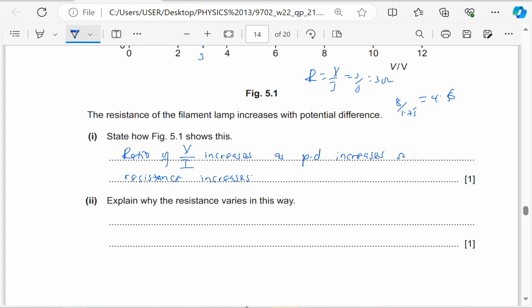Then explain why the resistance varies in this way. Of course, resistance increases because the temperature of the filament increases as the PD increases. So as the PD increases, for a filament specifically, the current also increases.